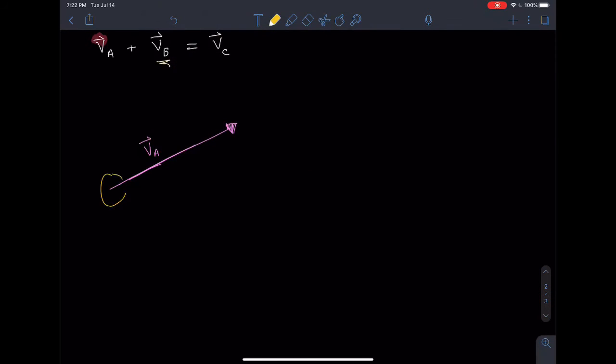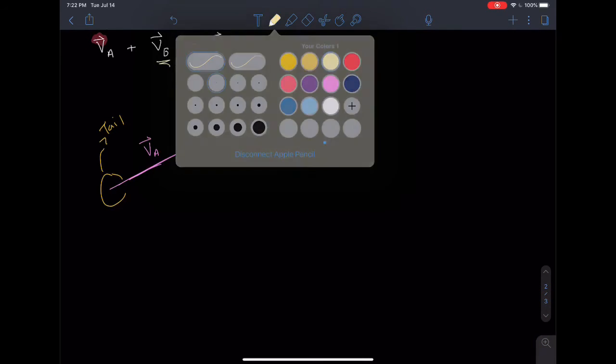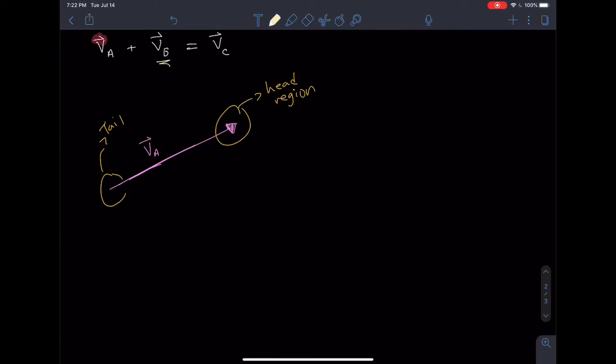This area here is the tail region, and over here is our head region. We can connect these two regions together using the tip to tail method. So let's try that out. Let's say this pale yellow color is vector B.